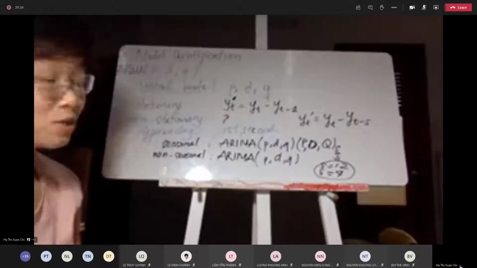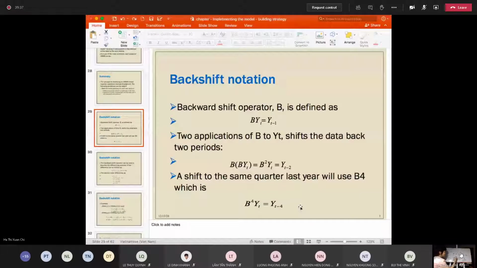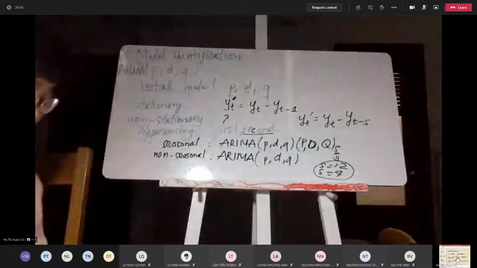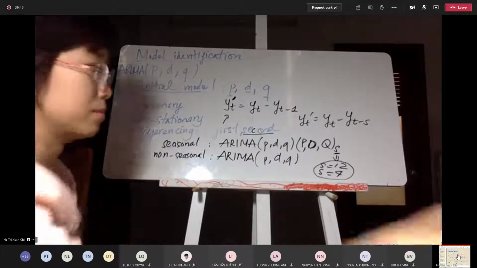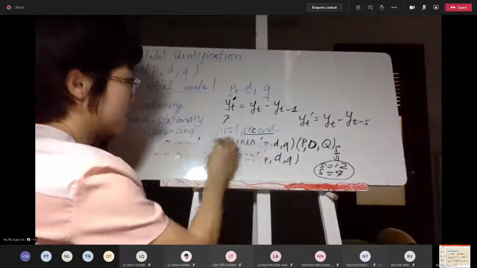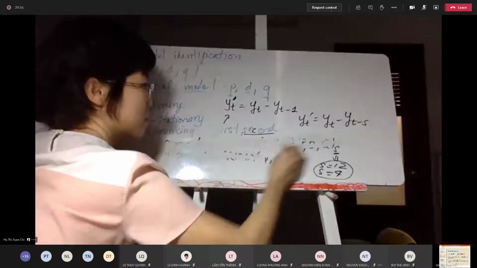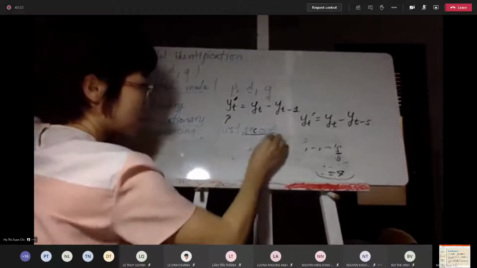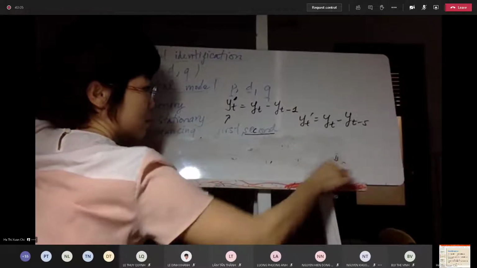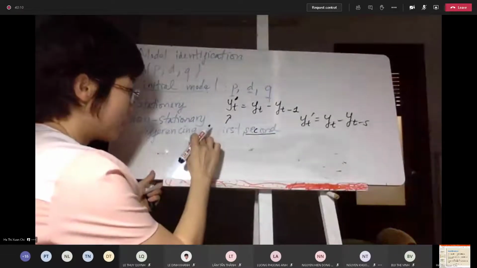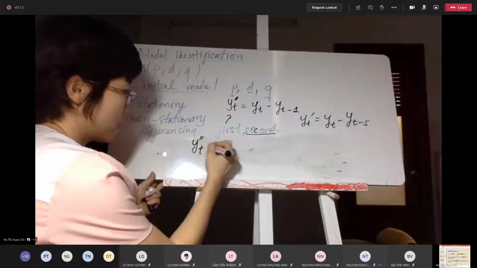It means that it supports you to make the difference at the second level. For the second level, you can write like that. Okay.